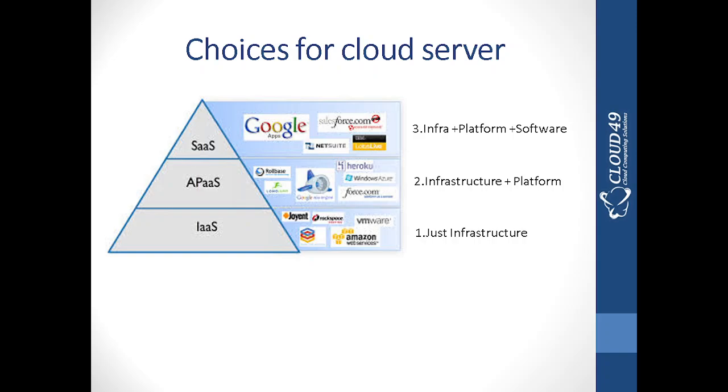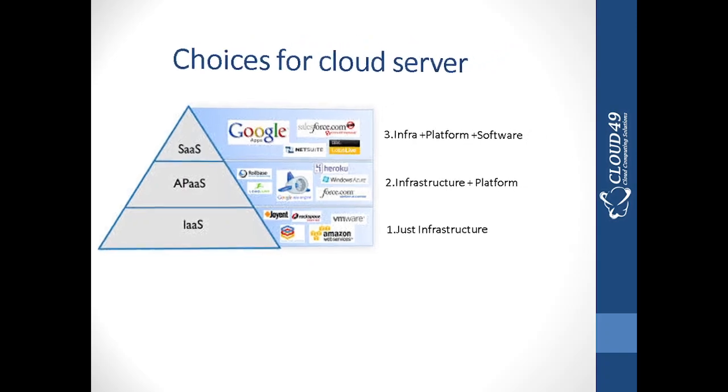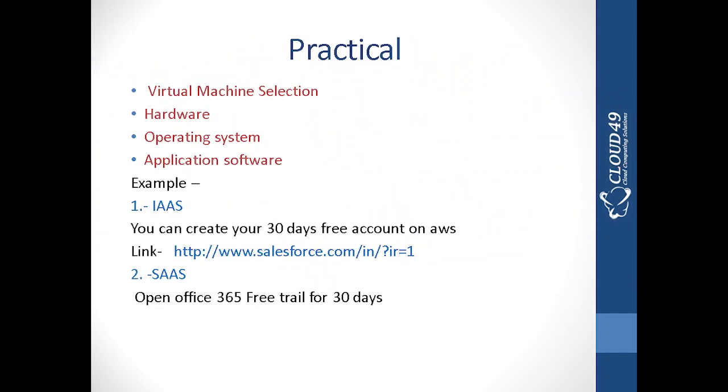You need the MS Office application on your machine, this is the software. So this is the complete solution. So you can say the cloud is divided in three categories: IaaS, PaaS, and SaaS. Infrastructure as a service, platform as a service, and software as a service.